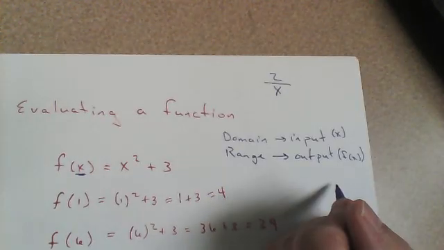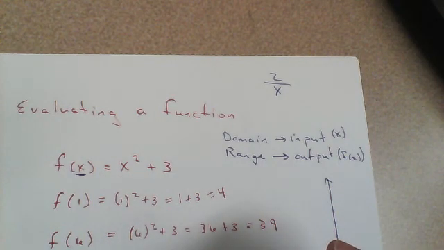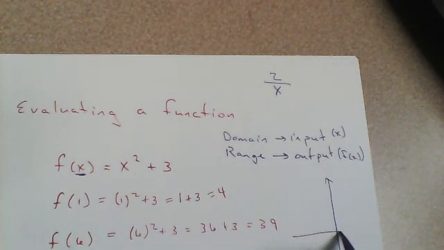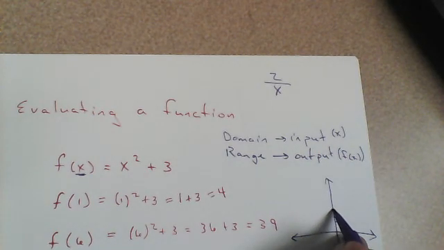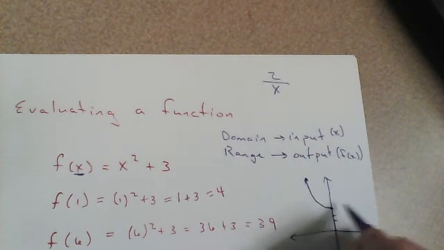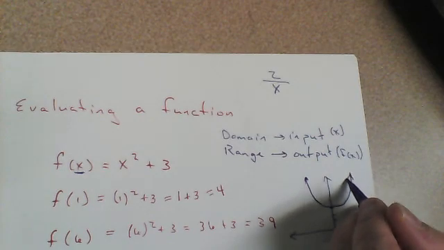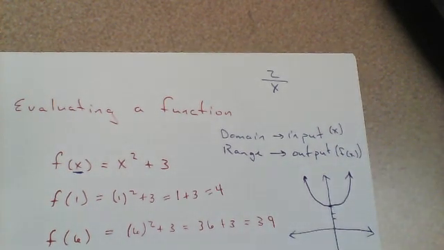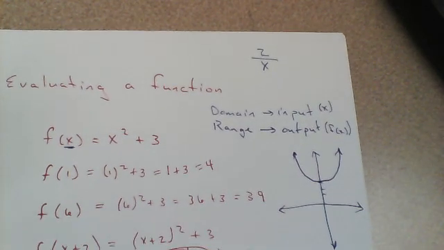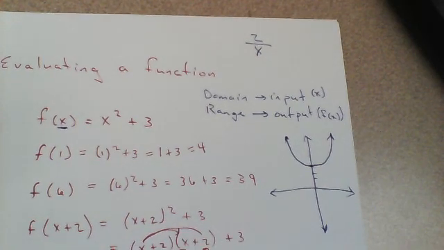Because if I actually graph this, right, this is going to be 1, 2, 3, a parabola that starts here at +3, right? So what can't my range be on this one?